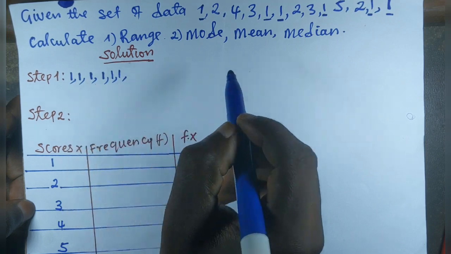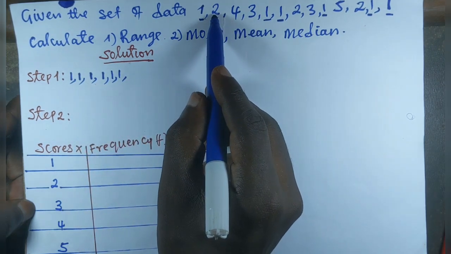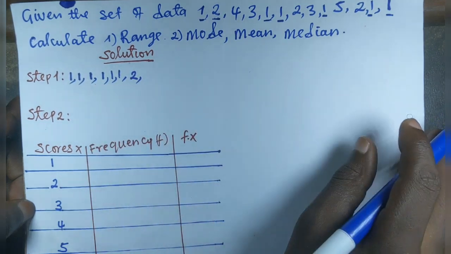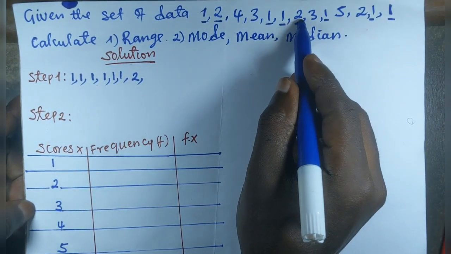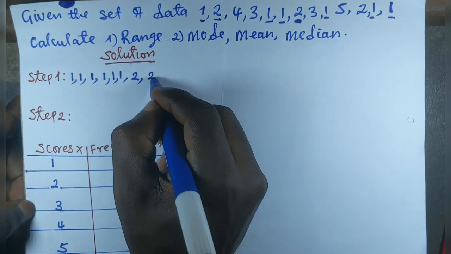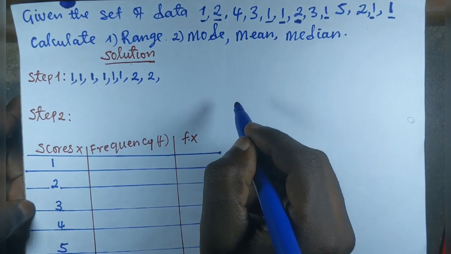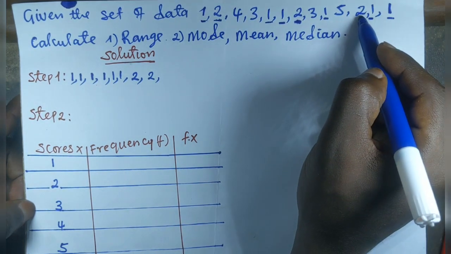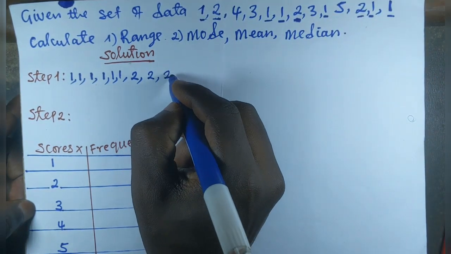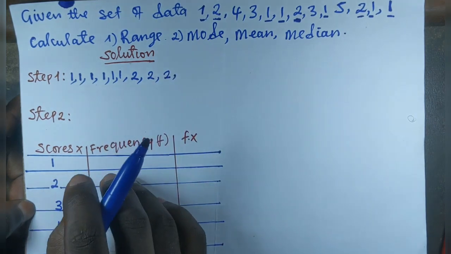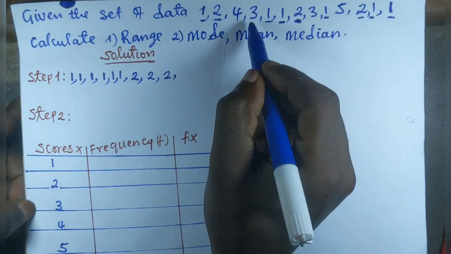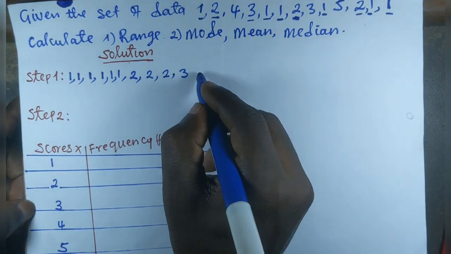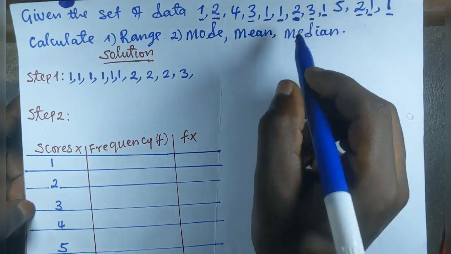So we look for another value. We have 2 here. Again we have 2 here, and lastly we have another 2. Then we look for another value, let's say 3, and then we have another 3.